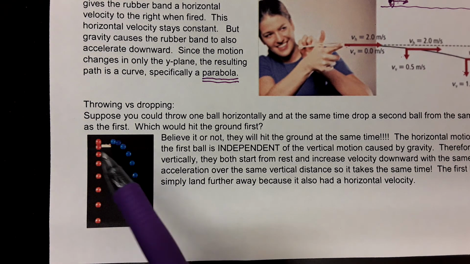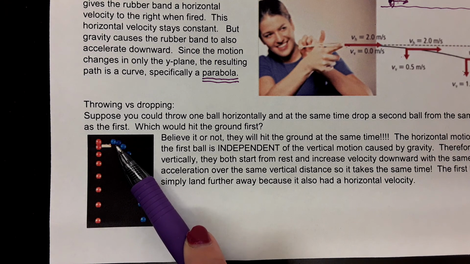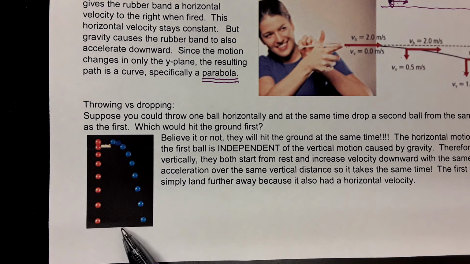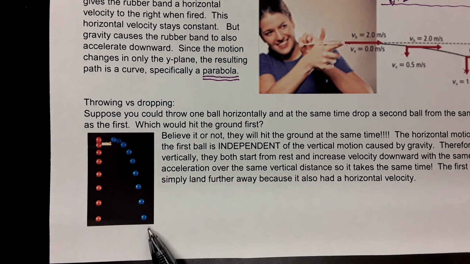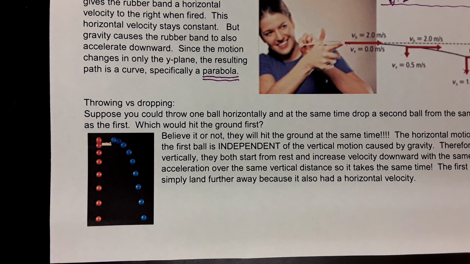So both balls actually have the same vertical motion. They both start from rest, and they both begin to accelerate down with increments of 9.8 because we're on Earth. And therefore, they're going to both hit the ground at the same time. Now, the blue ball will be out here somewhere because of its horizontal motion, but it will hit the ground at the same time as the red ball.